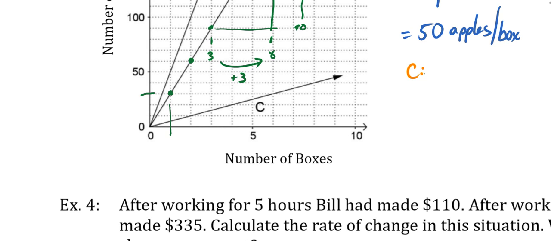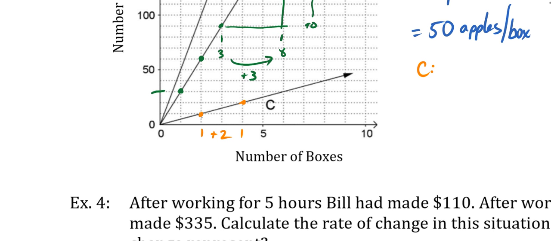What did you get for C? C might be harder because I can't pick 1. It's not a good point. So I have to go up. So I could start at 2 and I could go to 4. So from 2 to 4 is plus 2. And what was my change here? I went from 10 to 20. 10, 20, 30, 40, 50.